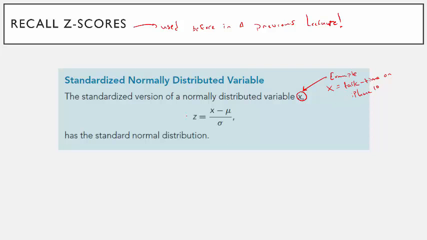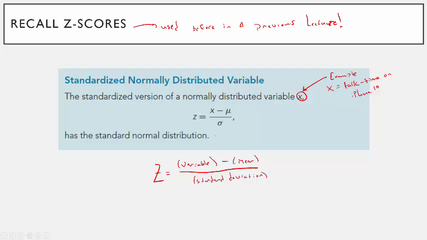Our z-score formula is equal to: you take the variable, you subtract away the mean of that variable, and you divide by the standard deviation of that variable. I'm going to show you some examples of this formula in a second, okay? And when you do that, it is called a standard normal distribution.